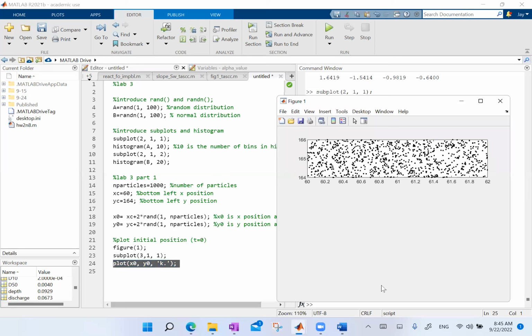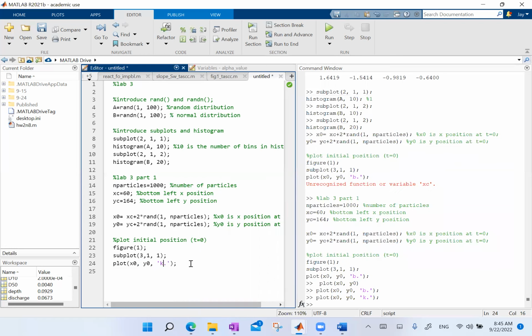Thank you, Will and Leighton, for pointing that out. So b is blue, I'm not getting my color right, and k is black. That will give the color of the dots, and the period right after that gives the actual dots, not connected points.